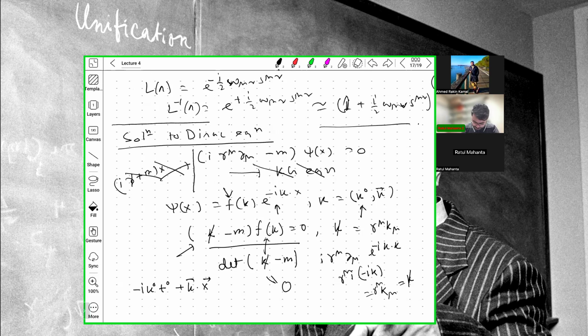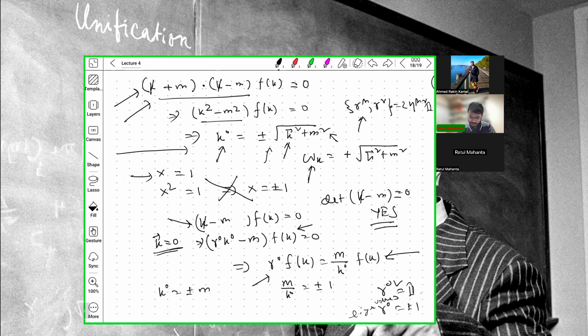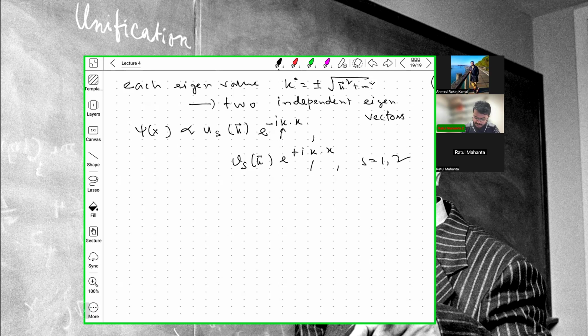Whenever this is negative, omega k comes with always the positive square root. I should write what k is here.